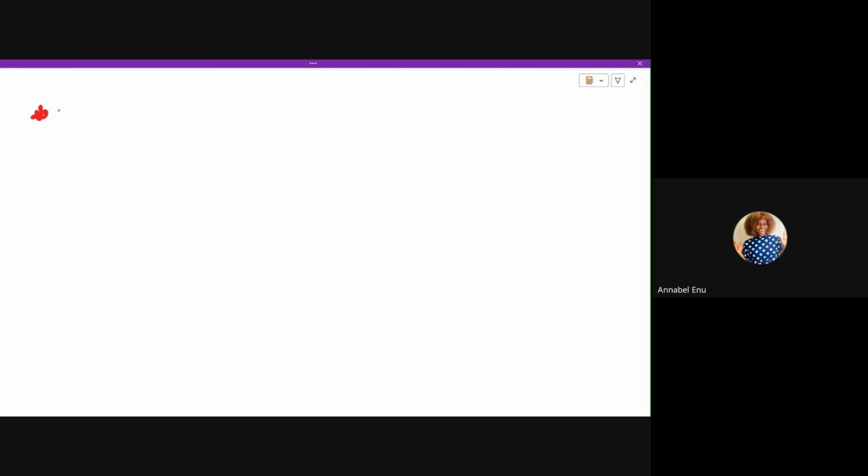We have the mole formula. The mole formula is given as mass divided by molar mass. The unit for mole is mole, and the unit for mass is kilogram.